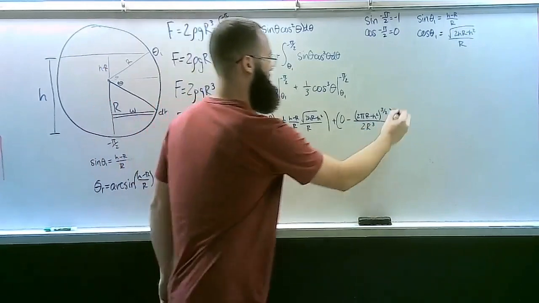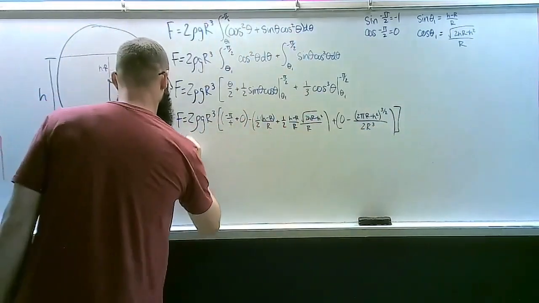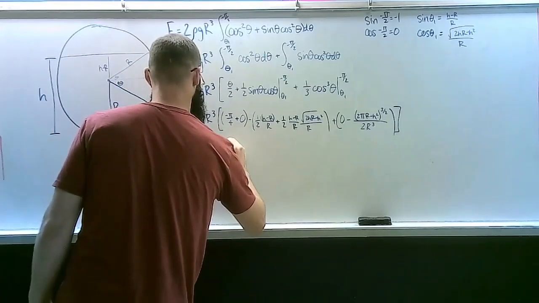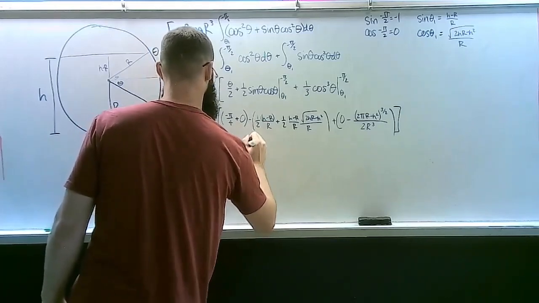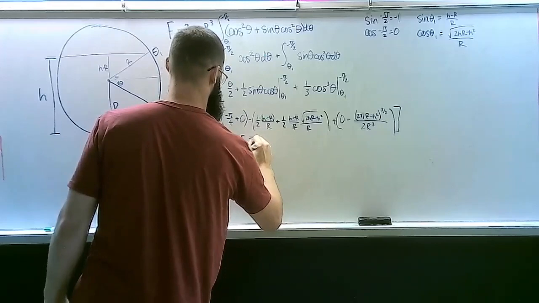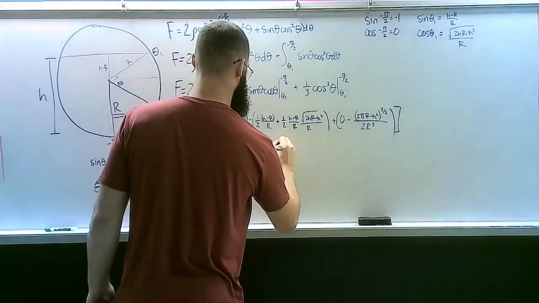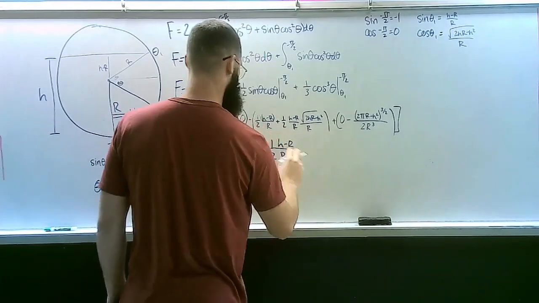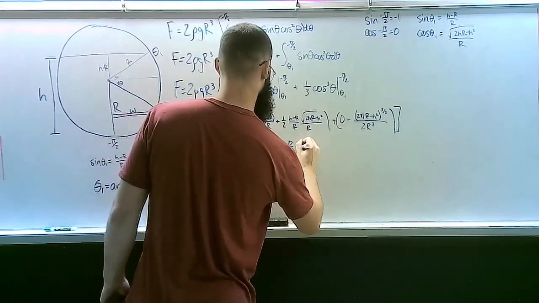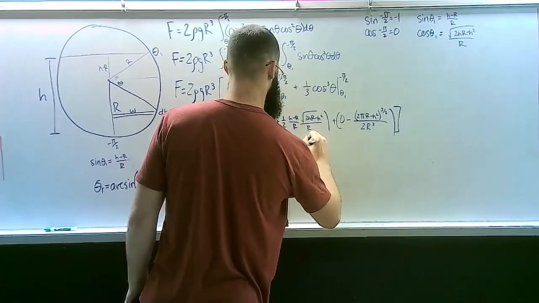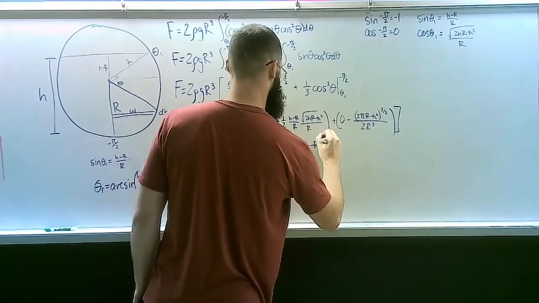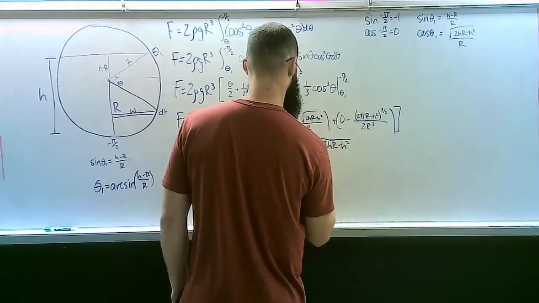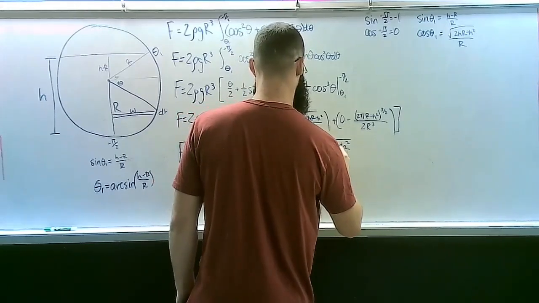So now this needs a little bit of simplifying, and we'll get our answer. We have F is equal to 2 rho g r cubed times negative pi over 4 minus 1 half (h minus r) over r minus (h minus r) times the square root of 2hr minus h squared, all over 2r squared.